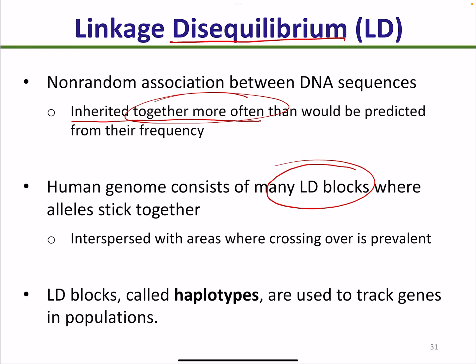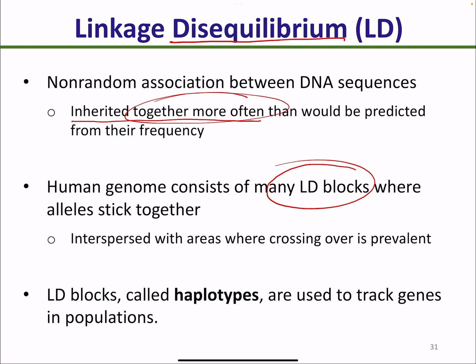What we could predict earlier. Now we do see that many genes systematically end up together in the same gamete as other genes because of these LD blocks, right?